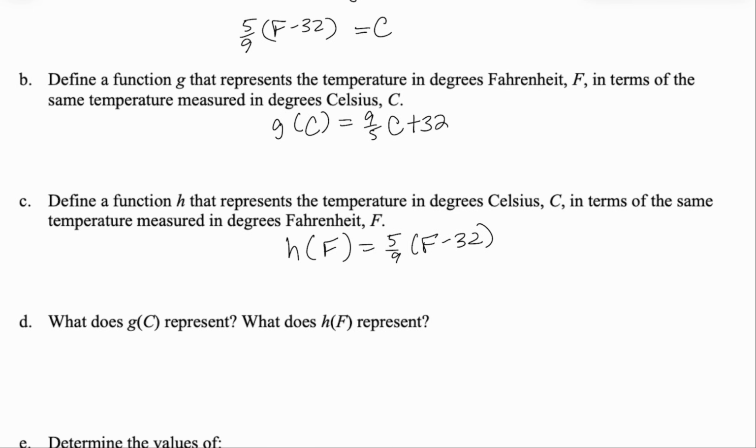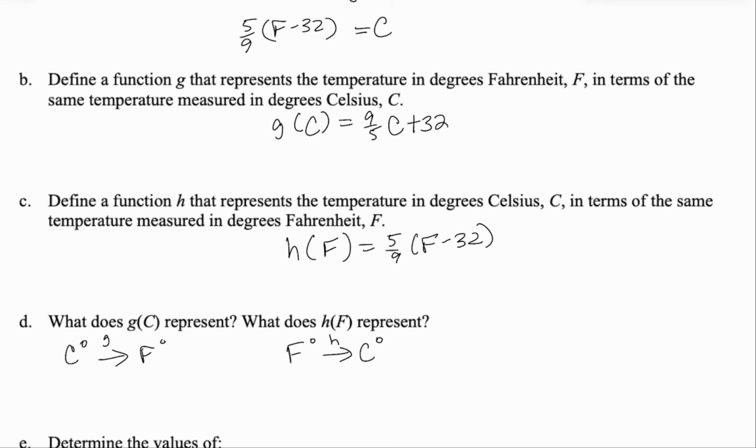So g of c is Celsius degrees converted into Fahrenheit. That's what the g function does. Our h function inputs Fahrenheit and it becomes Celsius.